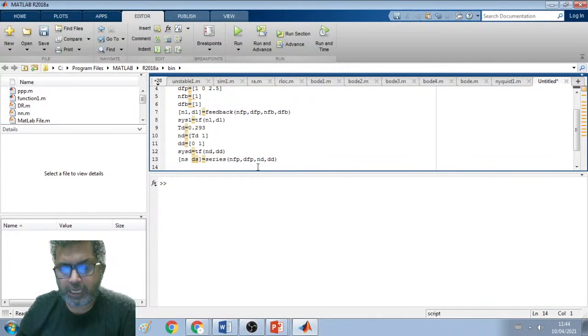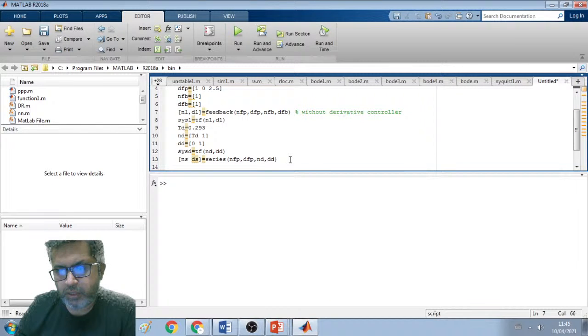So overall transfer function, this was, sorry, this was for without derivative controller.